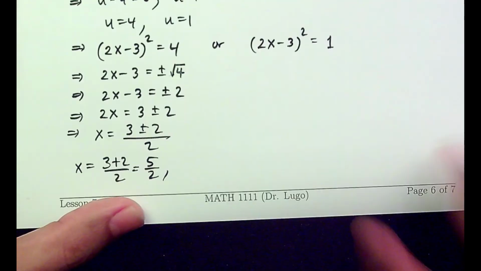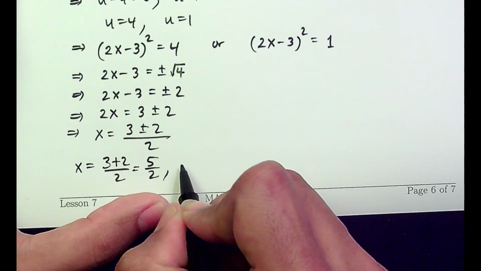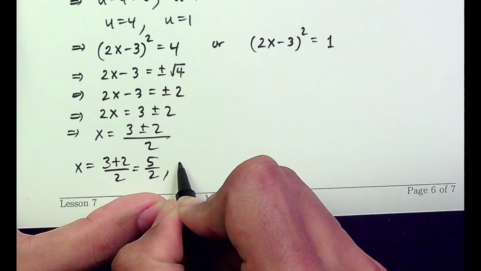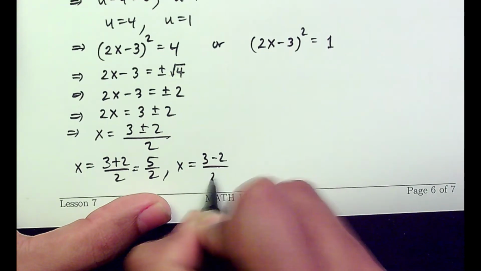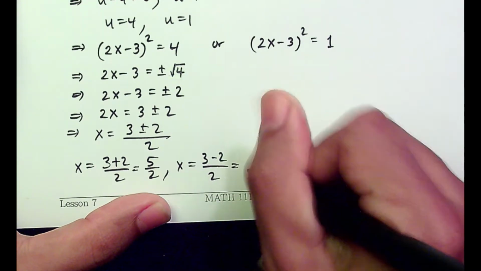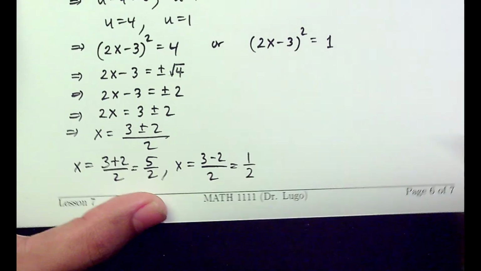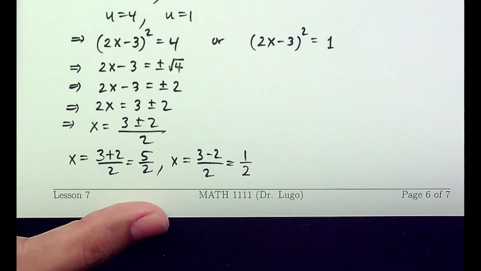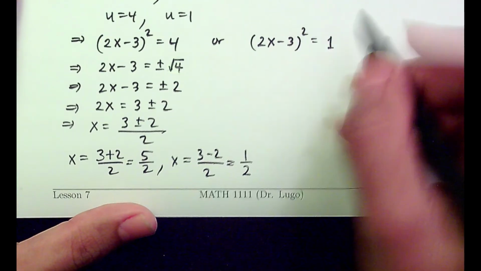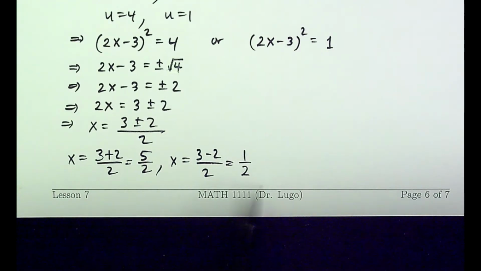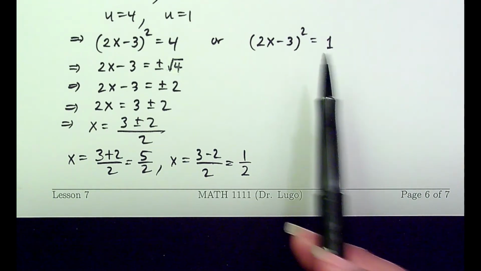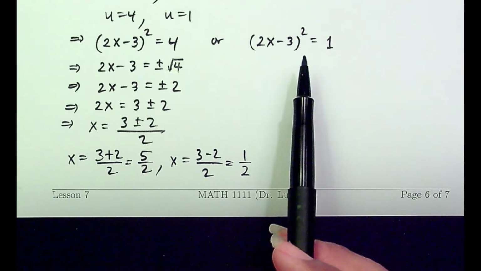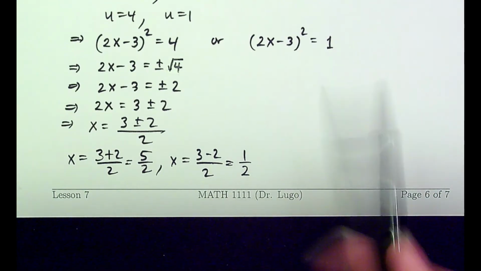So that's the first possibility. The second possibility is x equals 3 minus 2 over 2, which is 1 half. Okay, and so we have our two solutions from this.